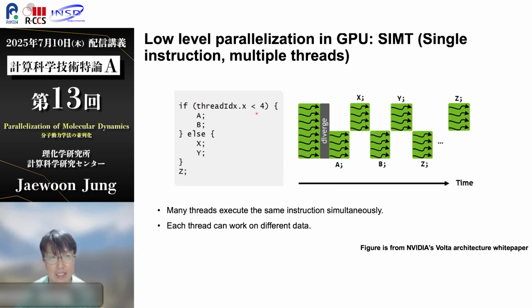So in this case, by making use of this conditional statement, the computational time will be a little bit larger. But even in this case, inside of each thread, we can parallelize using SIMD instructions.